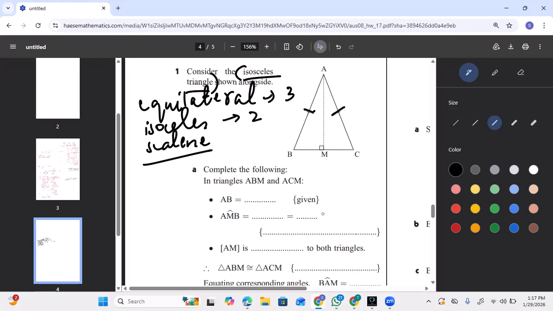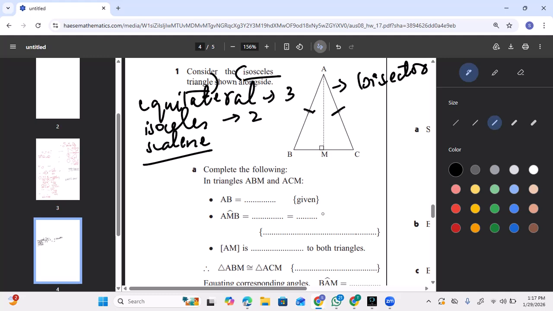Yeah. Okay, so basically in this triangle they have drawn this perpendicular bisector. This is called a bisector because it bisects and divides the triangle into two halves. And after the bisector you have a 90-degree angle, which forms after the bisector is formed.